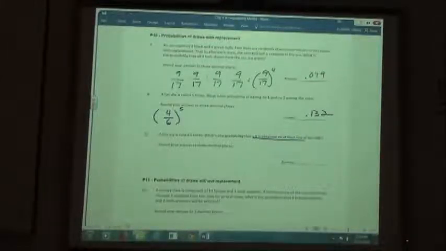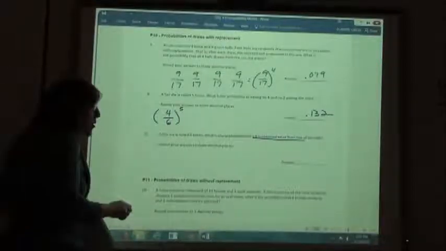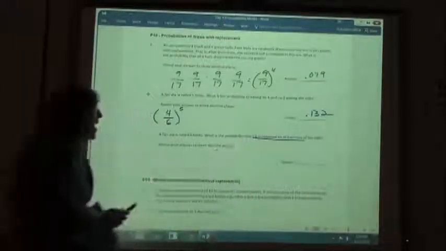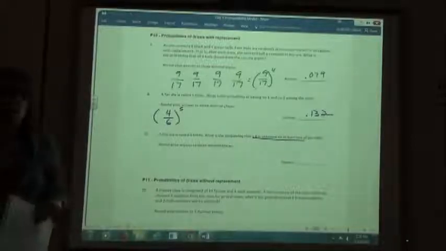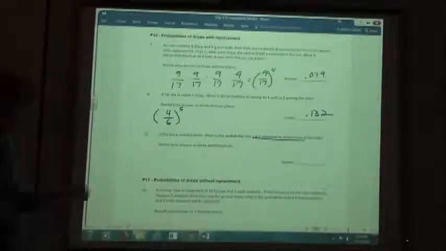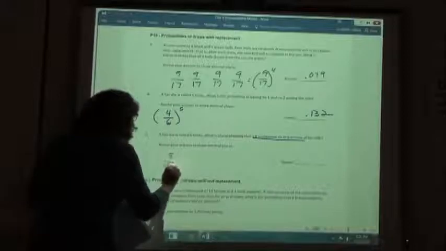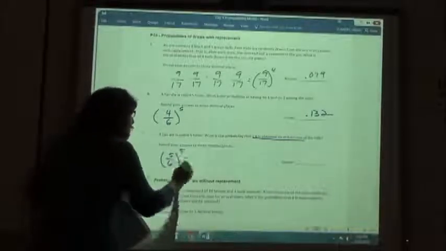1 would be 100% chance, and so if we do 1 minus, so if I'm not going to get a 6 on my roll, I have a 5/6 chance of not getting a 6, right? So I would have 5/6 to the 5th power.